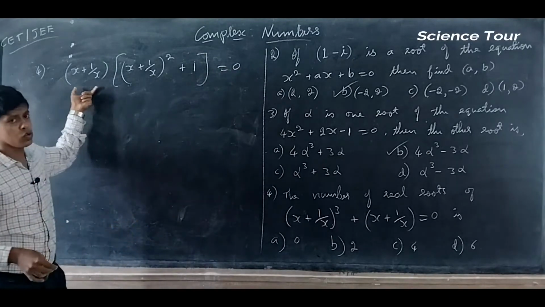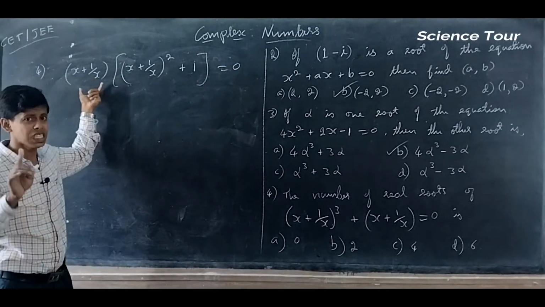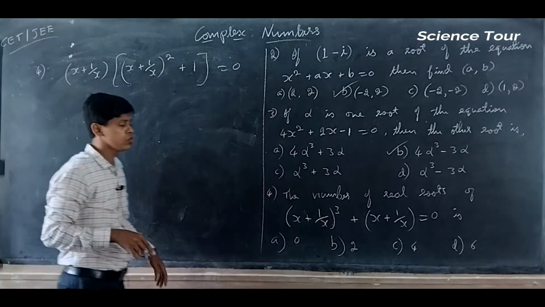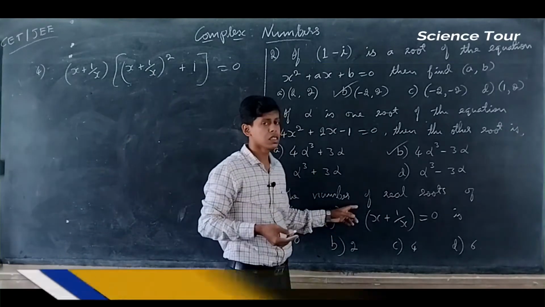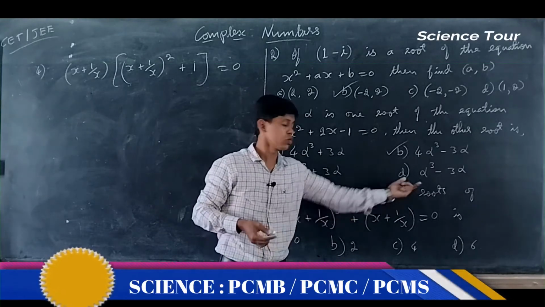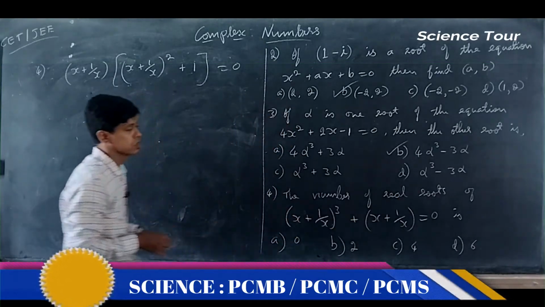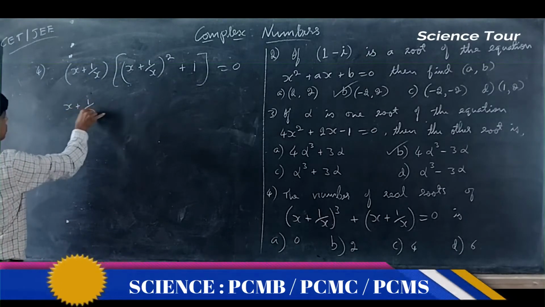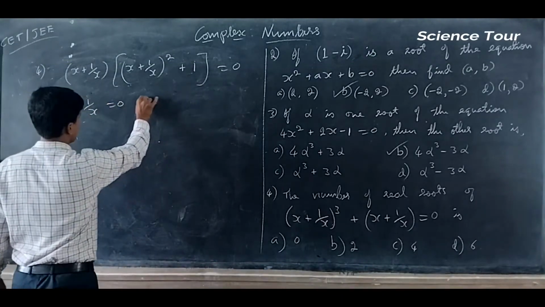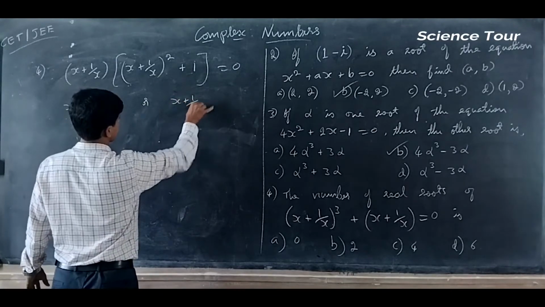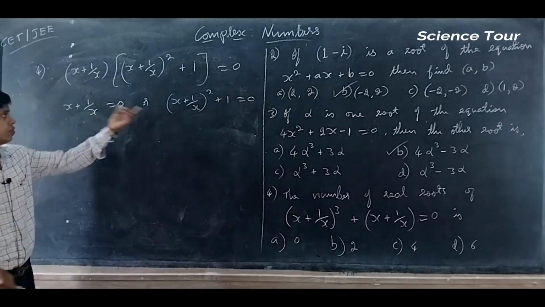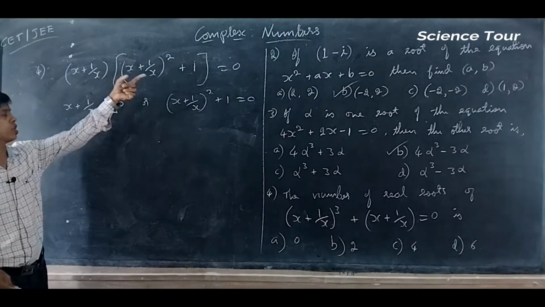Look at this, we have got two factors. So either the first factor is 0 or the second factor is 0. We have to find how many values of x exist, the number of real roots, real values of x, not the imaginary. So either this is 0 or the other plus 1 is equal to 0. Either of these must be 0 to make this product 0.